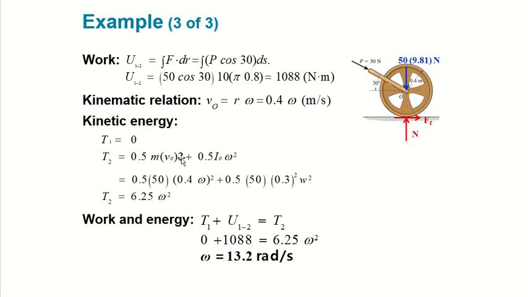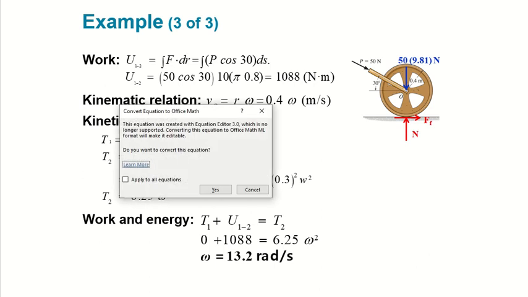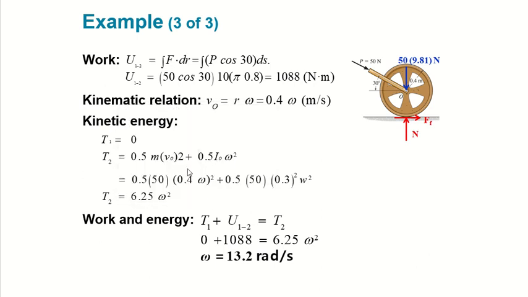That has to be squared. Okay, I tried to fix it but can't. We can't change their slide, by the way, so we have to use it as they give us with their book. So anyway, this kinetic energy is going to be 6.25 times this angular velocity, the whole square.